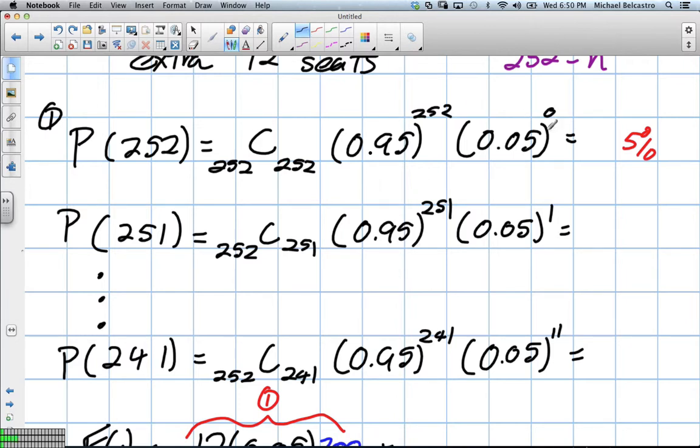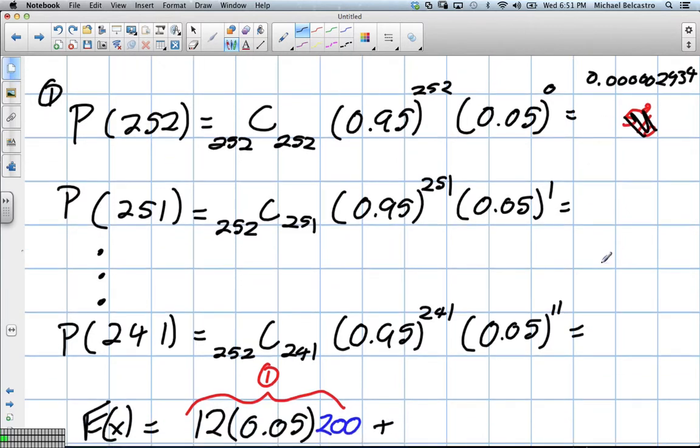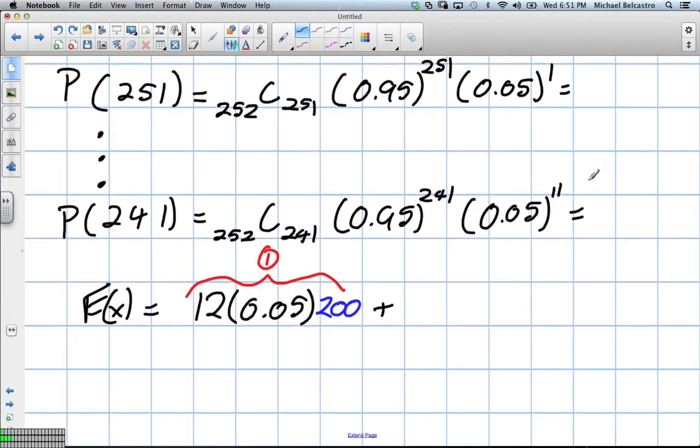Okay, the first one's actually nowhere close to 5%. It is 0.00000 with five zeros.